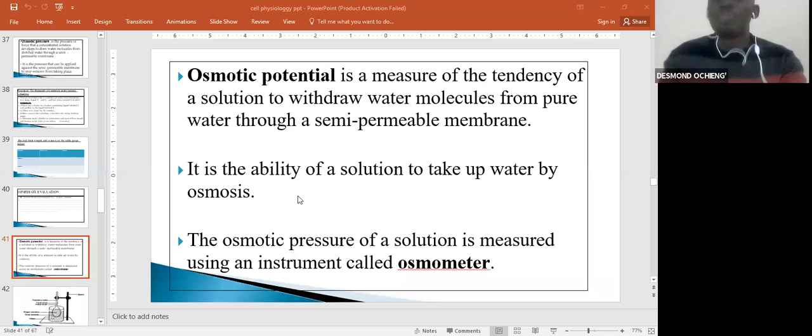Students, if I just had a better way to explain this, I would use the simplest words. But I think the simplest words to use here is it is the ability of a solution to take up water by osmosis. Okay? It is like an ability, hidden potential.